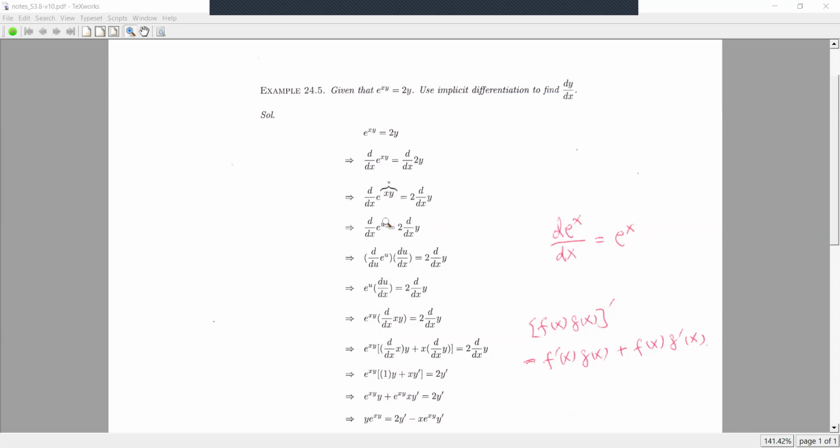Now, to compute this derivative, I apply the chain rule. By the chain rule, this derivative is the product of these two derivatives. If I cancel du, then the product goes back to this derivative.